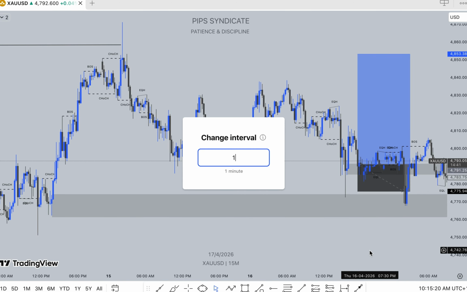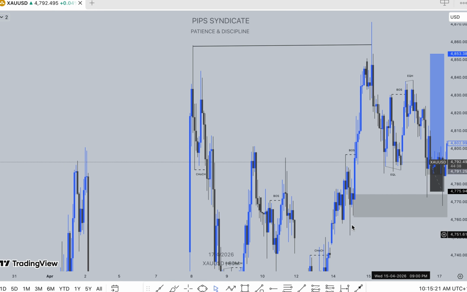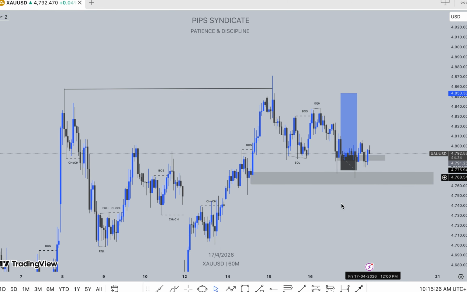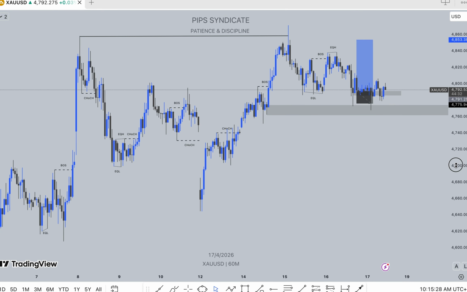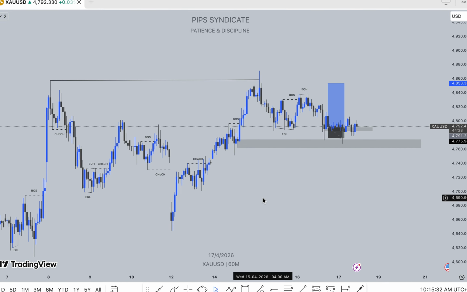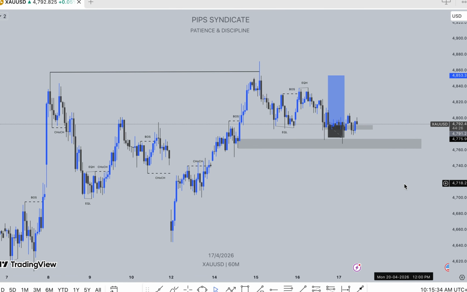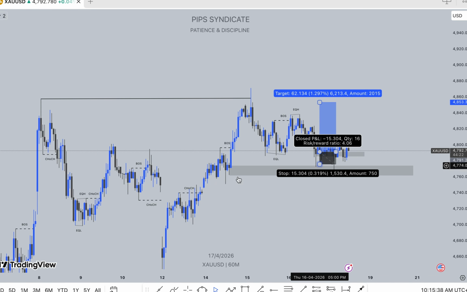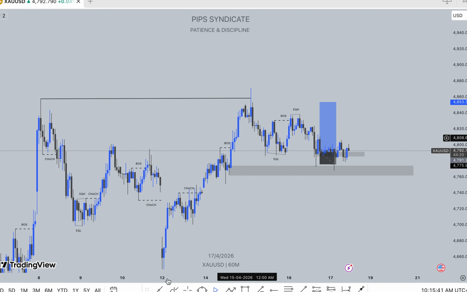So first of all, let's go to the 1 hour time frame. As you can see, we had this bullish move here, which tells me buyers are in control of the market. Then we had this order block here, which is the extreme order block at this current leg in the market.